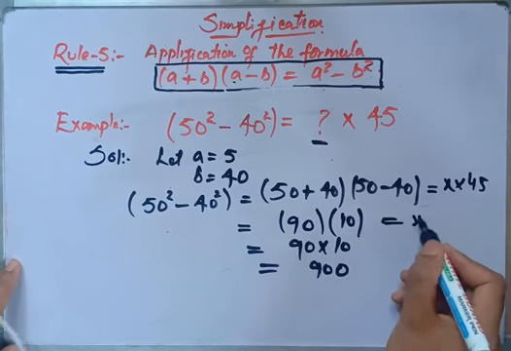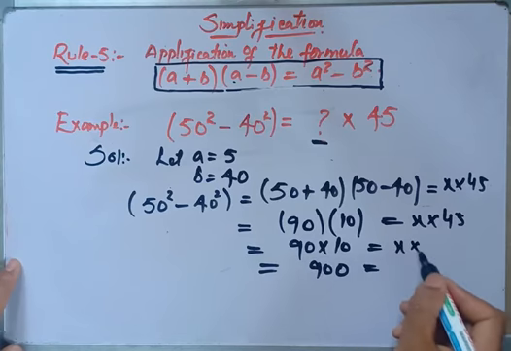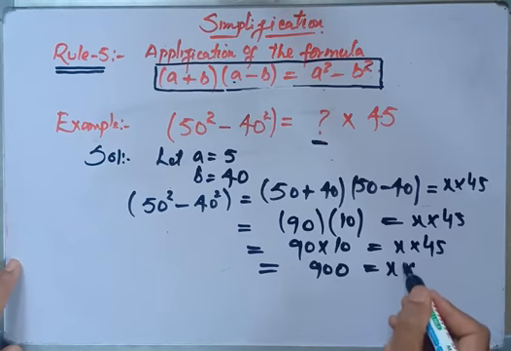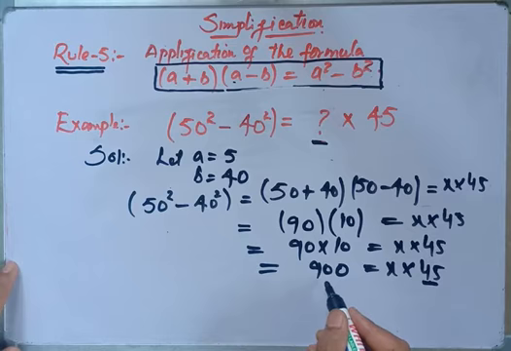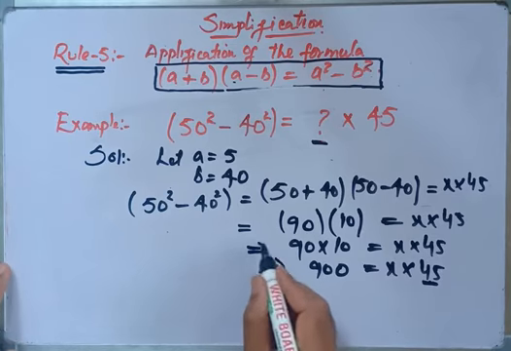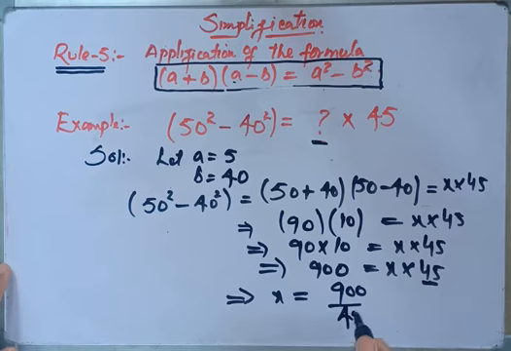Now if we transfer this 45 to the other side, we get x equal to 900 divided by 45.